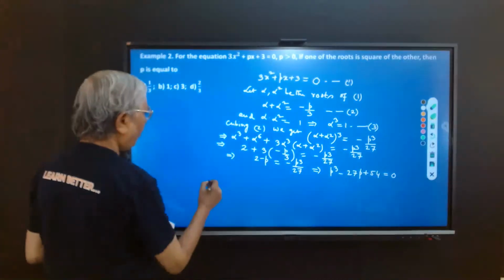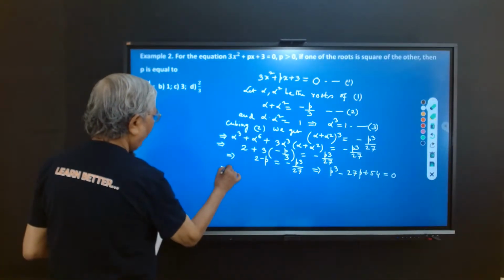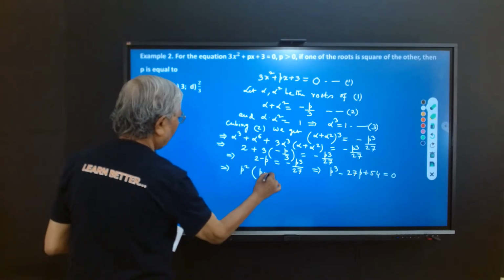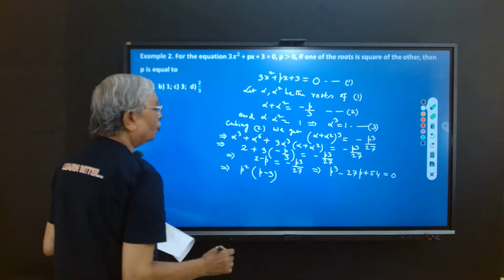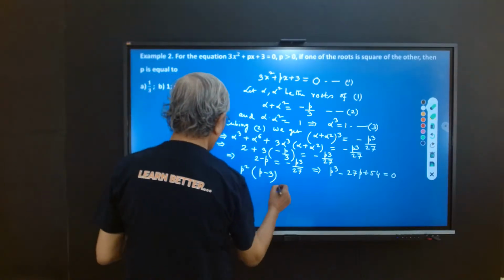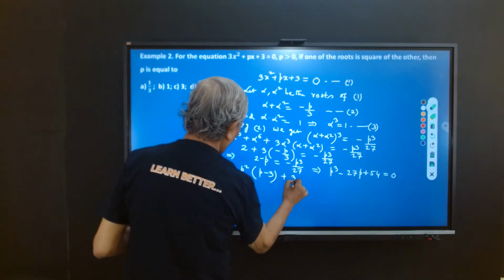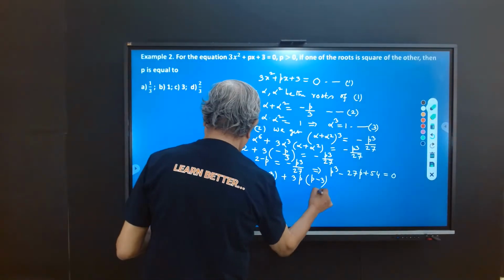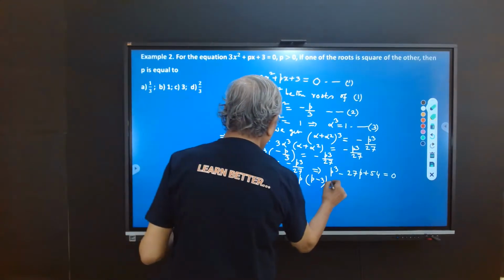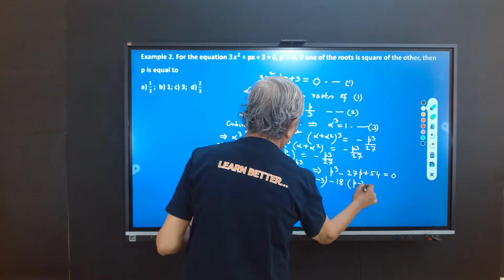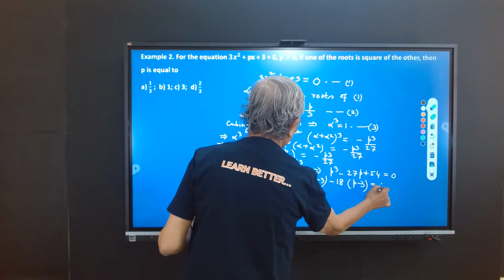Now solve for p. The value of p equal to 3 will satisfy this equation. So p minus 3 is a factor: p square into p minus 3, plus 3p into p minus 3, minus 18 into p minus 3 equals to 0.